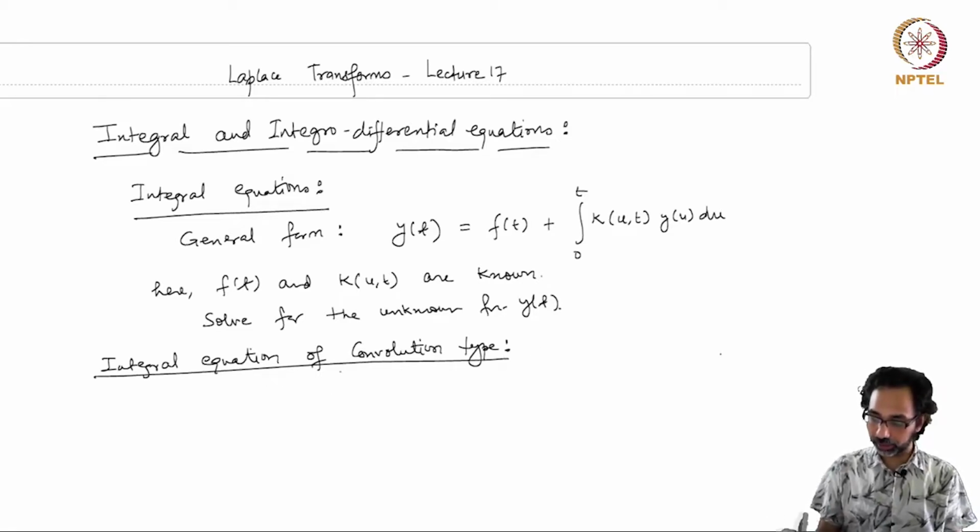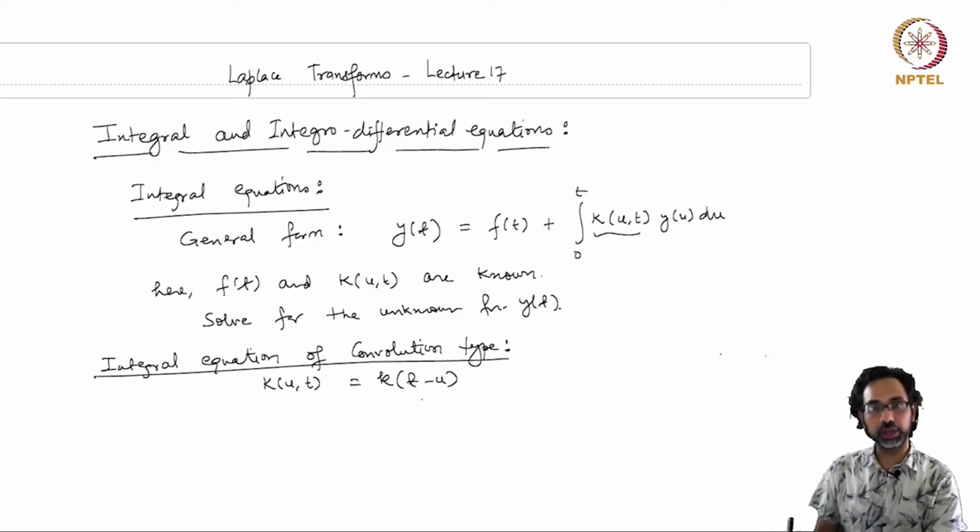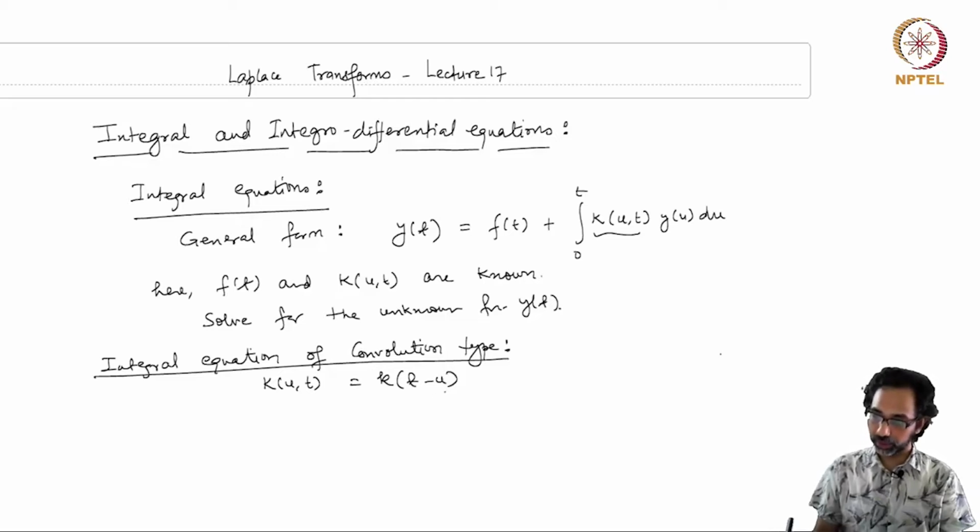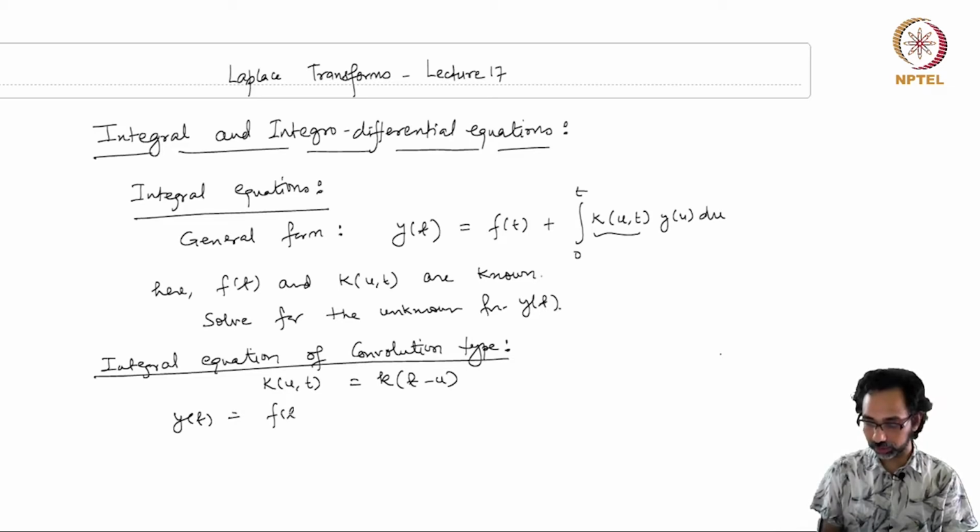It is given by an integral equation where k(u, t) is a function small k of t minus u, so it only depends on t minus u. In this case we have a convolution, so the integral equation can be written as y equals f plus y star k at t.